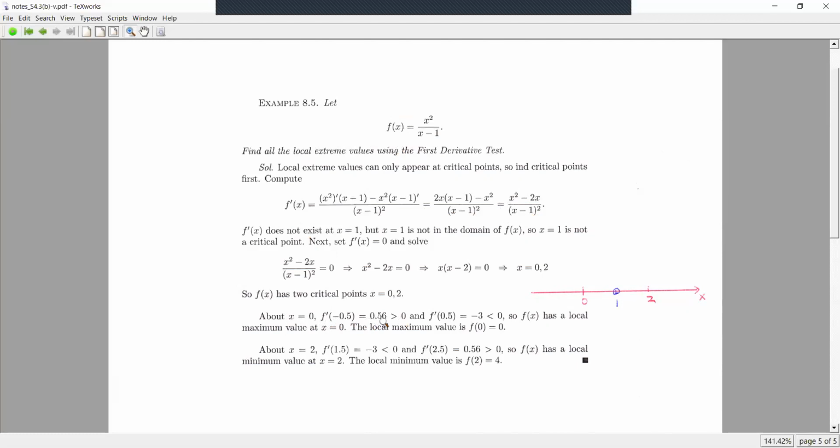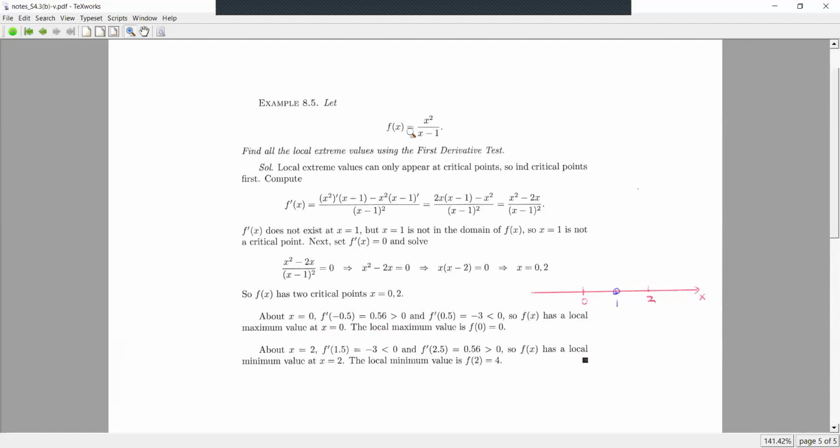Therefore, to the left of the critical point 0, the derivative is positive. Similarly, pick a point to the right of 0, we get negative. So the derivative changes sign at the critical point 0 from positive to negative.